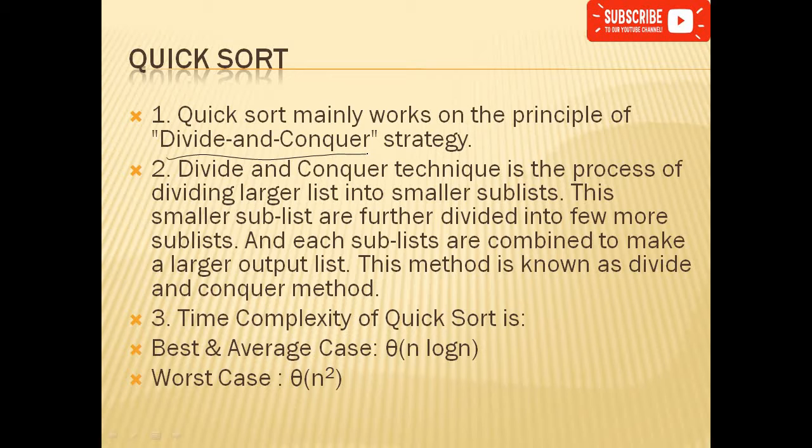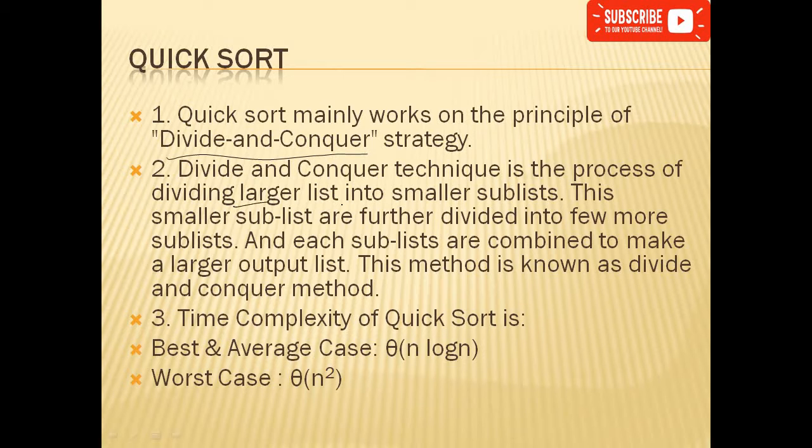It means the total elements which you are going to sort will be divided. After division, based on the divided elements, it will perform the sorting technique. So what is it doing?